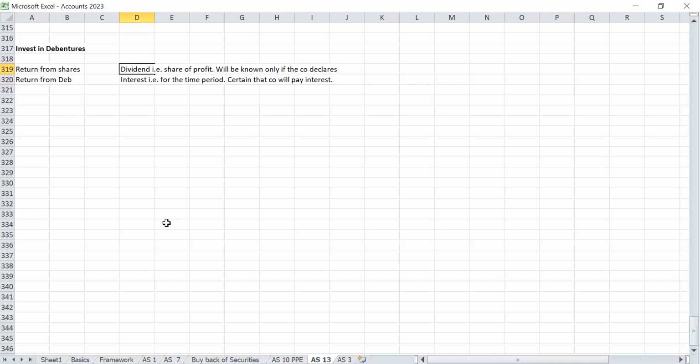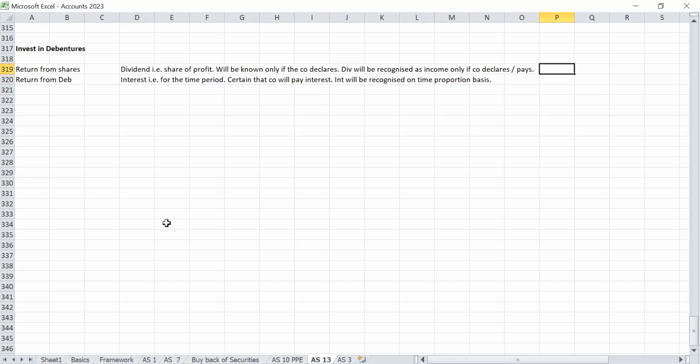Dividend on shares will be recognized as income only if the company declares or pays. But interest will be recognized on a time proportion basis. If I am holding for 3 months, I will compute 3 months of interest and recognize it as income.